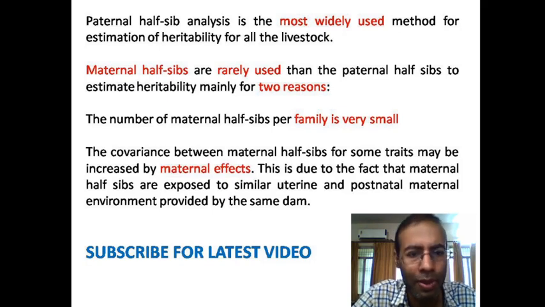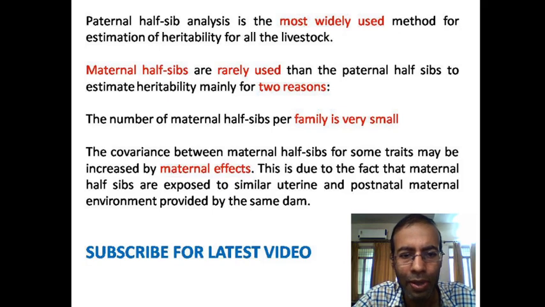And under the maternal half-sib method, maternal effects, or common environmental effects, show their play, and because of these maternal effects, the value of heritability is generally overestimated.